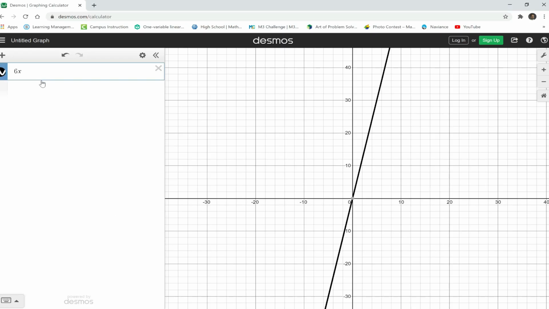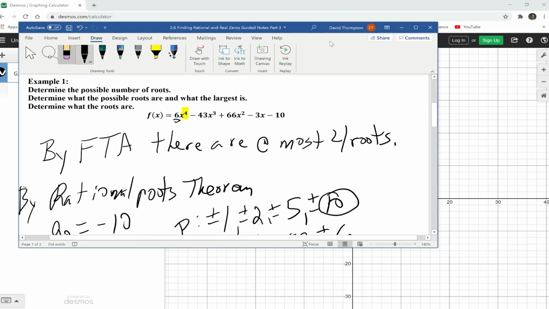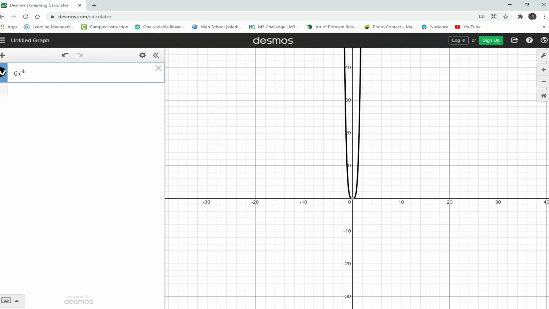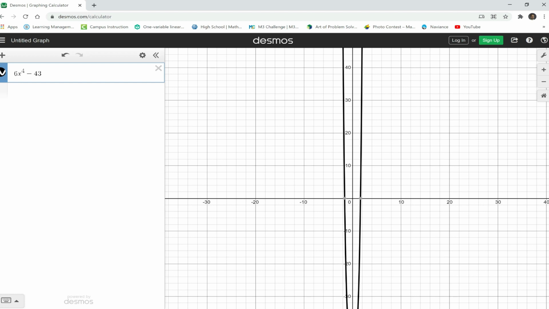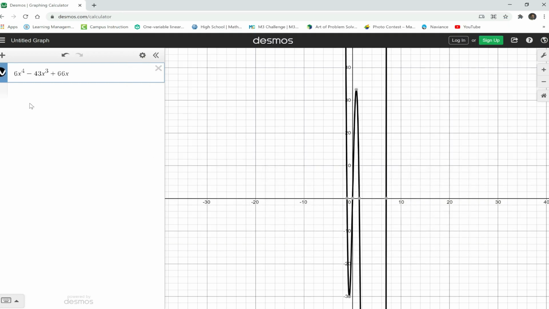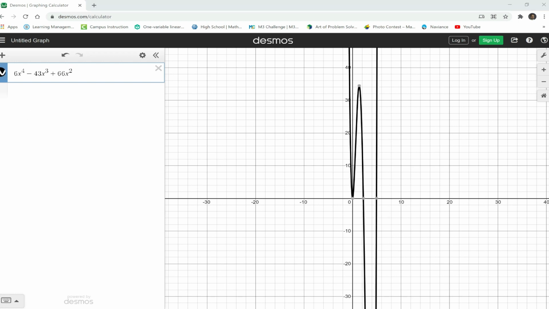It'll be 6x to the 4th, minus 43x to the 3rd, plus 66x squared, minus 3x, and then our last one is going to be minus 10.